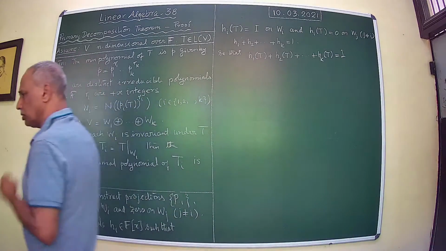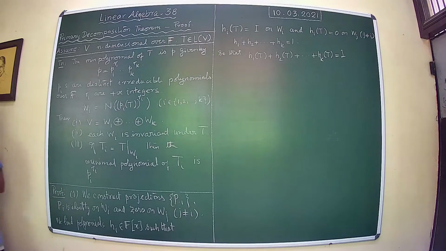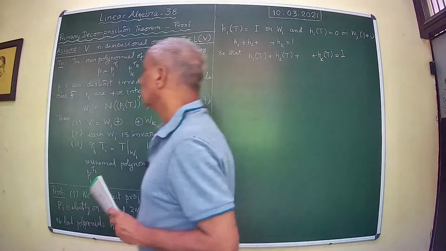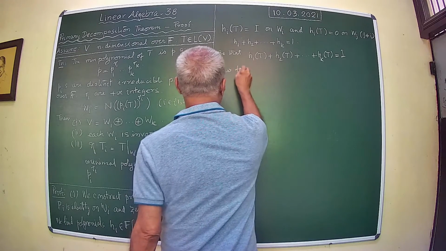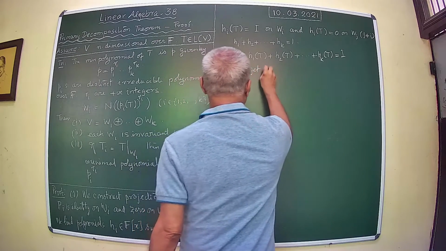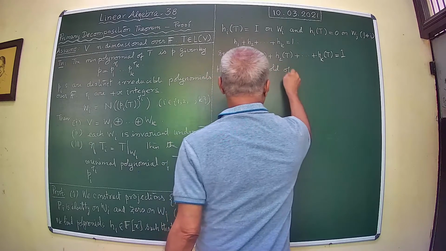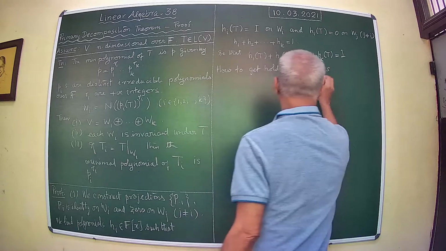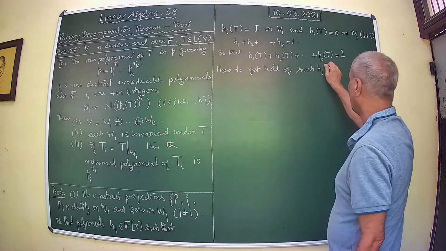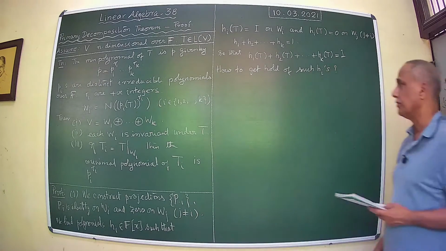So how do we get hold of such polynomials?